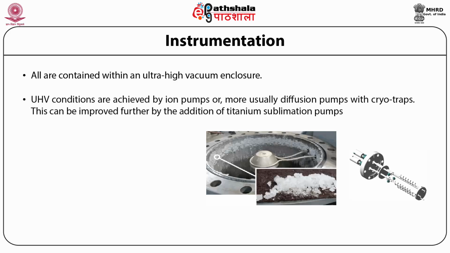So UHV conditions, ultra high vacuum conditions as we call it, are achieved by ion pumps or more usually diffusion pumps with cryo traps. This can be improved further by the addition of titanium sublimation pumps. Reducing pressure to as low as 10 to the power minus 8 to 10 to the power minus 10 torr is usually required and is achieved.